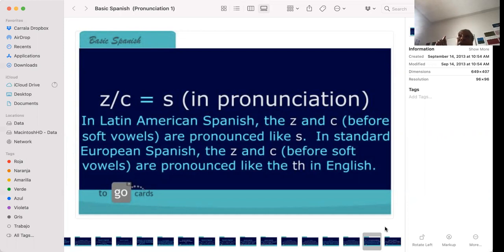Conozco, conoces, right? Or zapato or zapata. It's pronounced like the TH. And because my mind doesn't always cooperate, I pronounce it sort of in between, which probably makes my American accent even stronger.